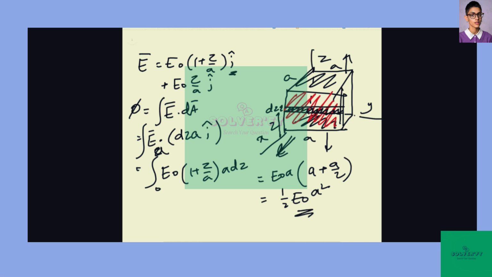Now let's do the flux through the back surface. In the back surface, the dA vector will be the same a dz, but the direction will be different, so it will be minus i.